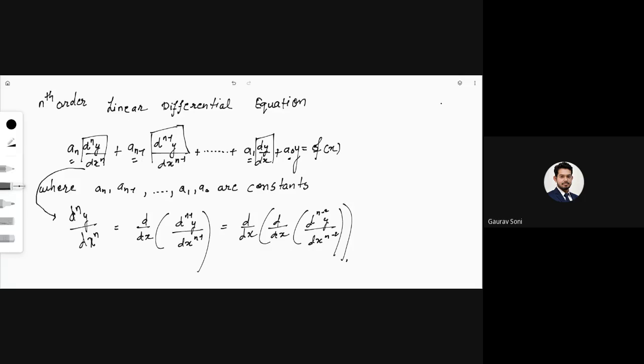So nth order linear differential equation with constant coefficients is of the form this, where these are constants. So this is the definition of nth order linear differential equation with constant coefficients.